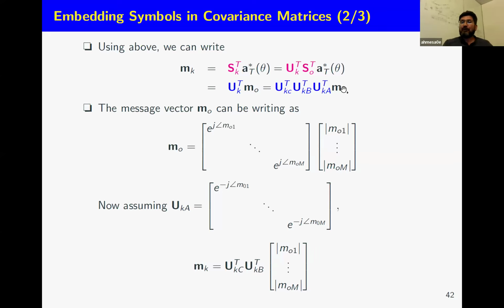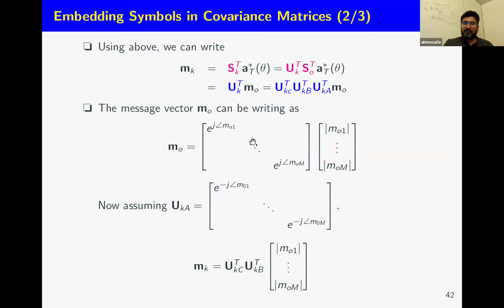Now we know that m_0, which is a complex number, can be written by this equation. I can split m_0 into the phase matrix and the amplitude vector as well. And the norm of m_k and U_k^H m_0 will remain the same as long as U_k is a unitary matrix, right?